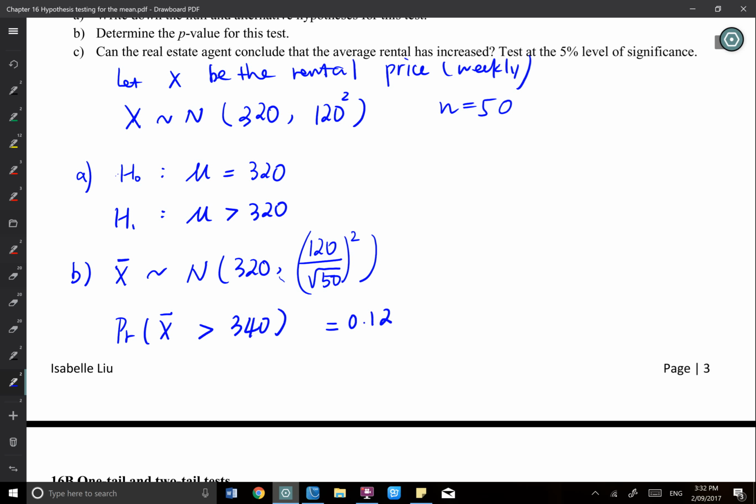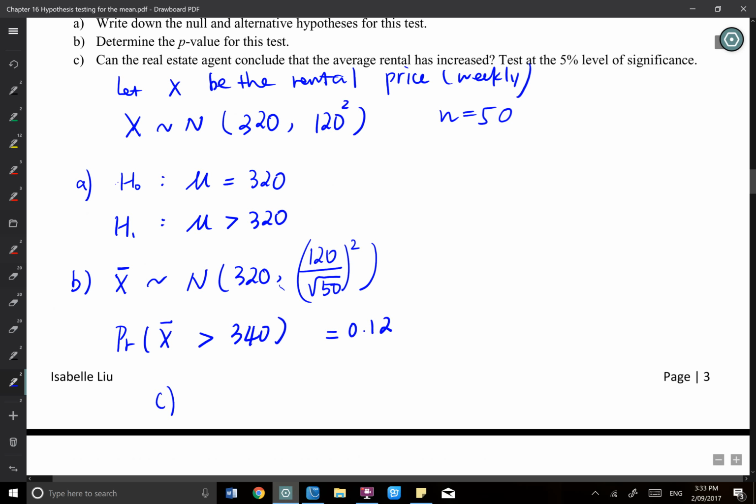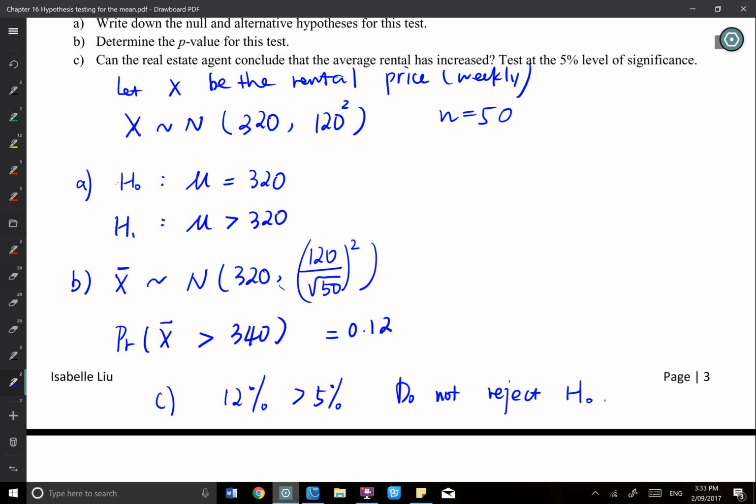Do you think that's enough evidence to reject it? Like for part C. It's greater than 5%, so 12% is greater than 5%. Do not reject H0. Okay, we do not reject H0. It must be within 5%, then we reject.